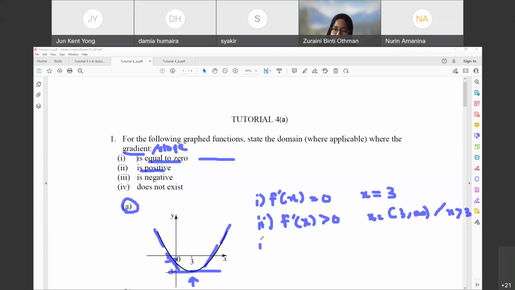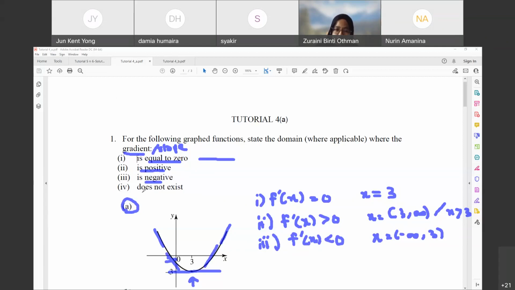So where is the x when it is negative? Negative for number 3. F prime x is less than 0. Dekat mana? Bila dia decrease dekat sini. When x is from negative infinity until 3 and it does not include 3 because at 3 it is equal to 0 here.